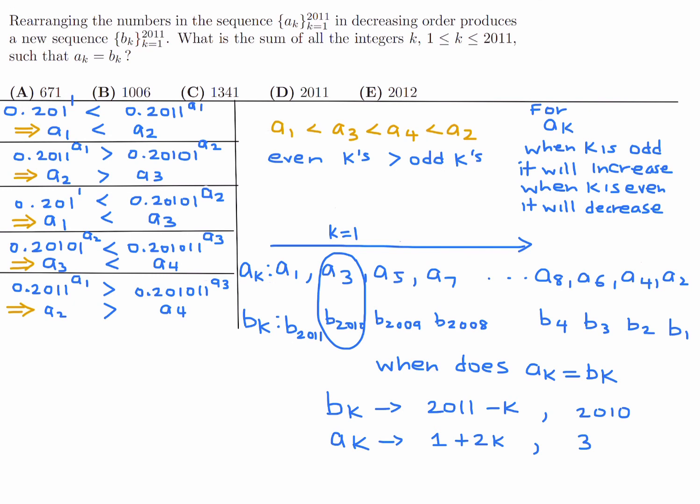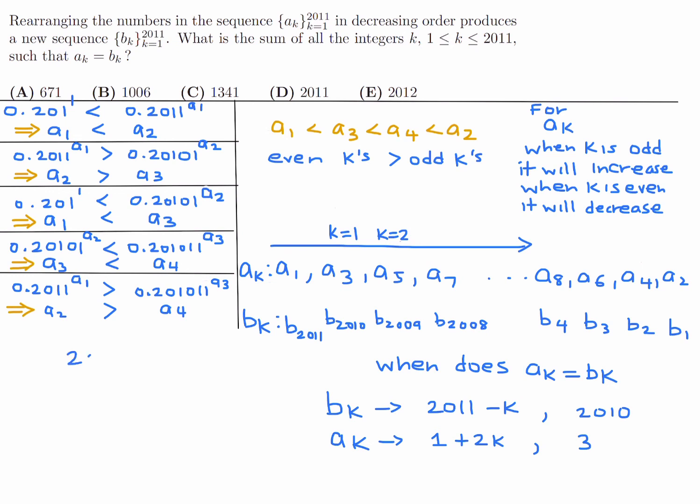AK becomes A3 and BK becomes 2010. When K is 2, it becomes this scenario. If you plug 2 into here, that becomes a 5, and then this just becomes 2009.